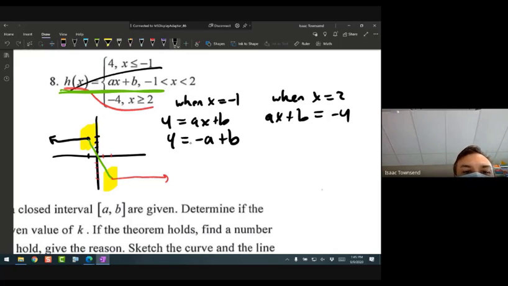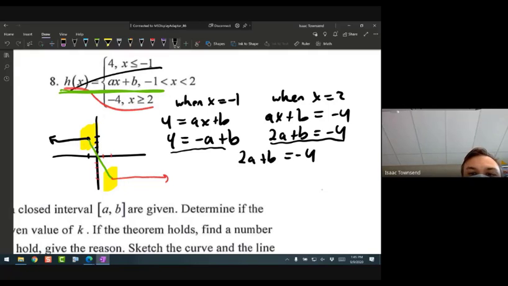Okay, so if I plug in 2, I get that. And now I've got two equations, two unknowns. So now I can work this like a system of equations. I'll put this one on top, and this one underneath it.